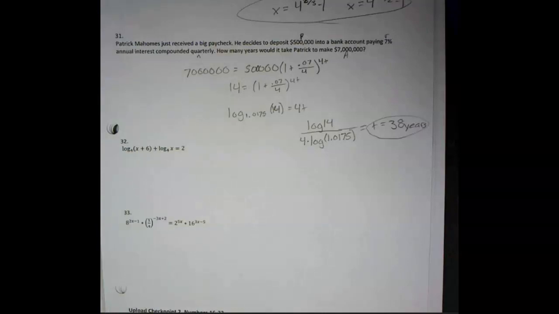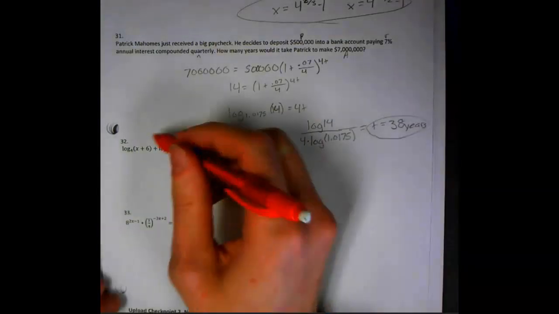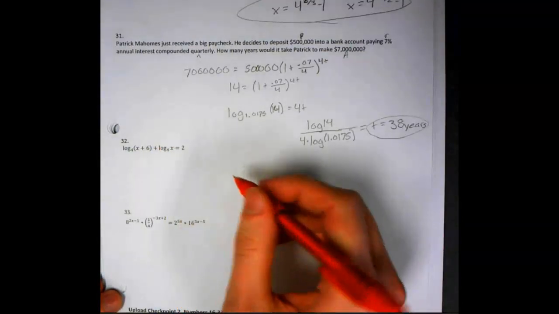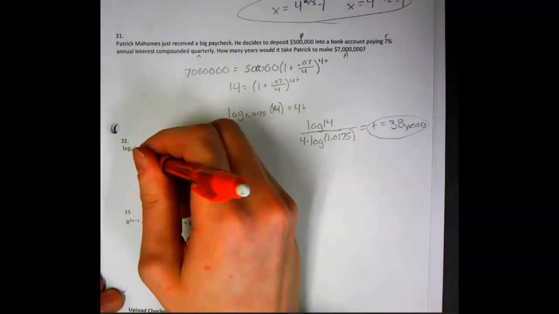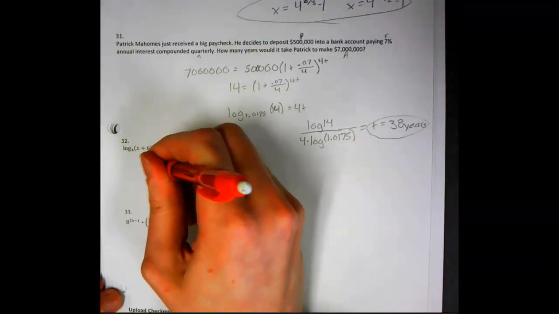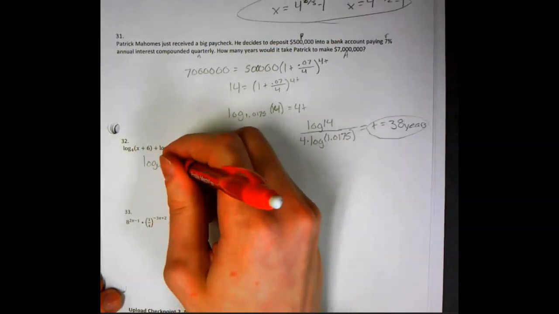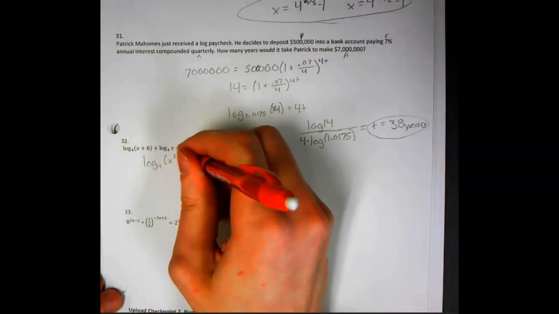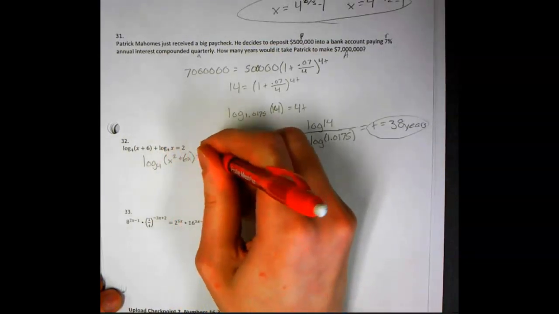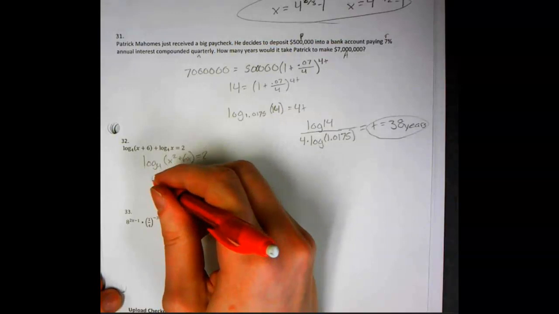Okay, as I was saying, for problem 32, we have two logs of the same base. We are adding them, so that means we're going to use the addition property. We'll say log base 4 of x times x plus 6, so x squared plus 6x equals 2. We'll do our log.